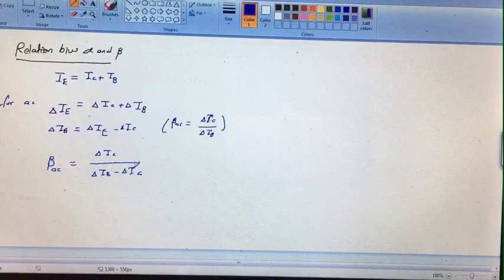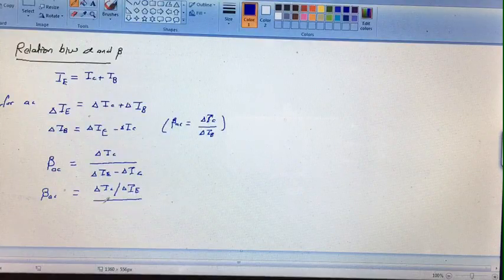Now divide this equation by del IE, change in emitter current. It can be written as beta AC is equal to change in collector current upon change in emitter current, divided by 1 minus change in collector current to the change in emitter current.